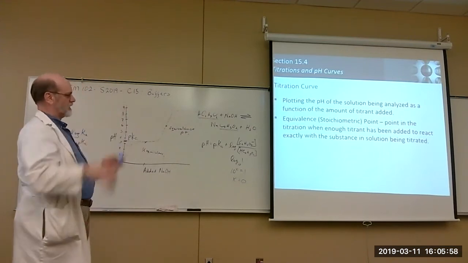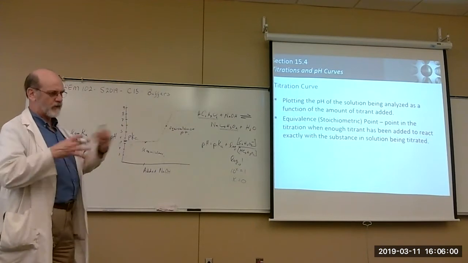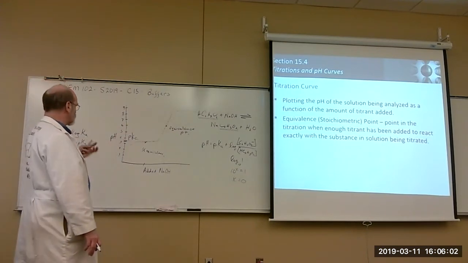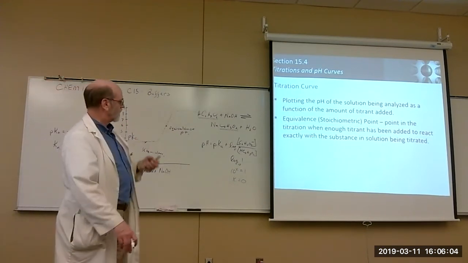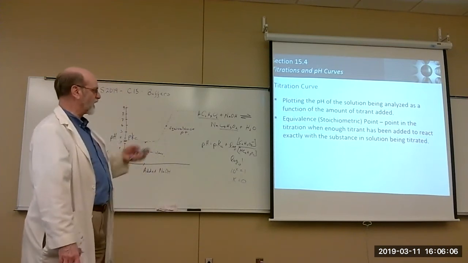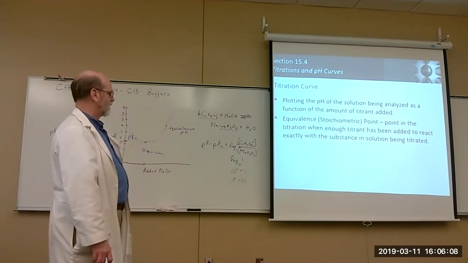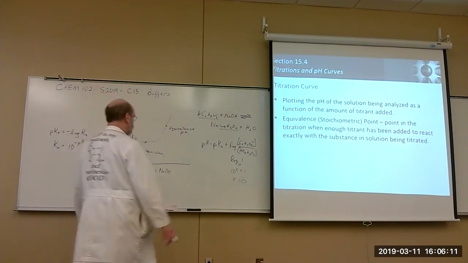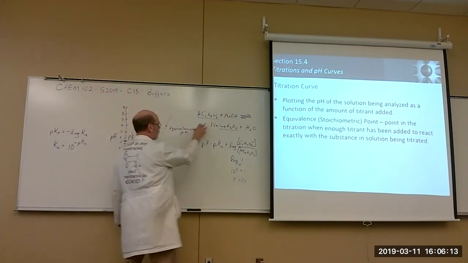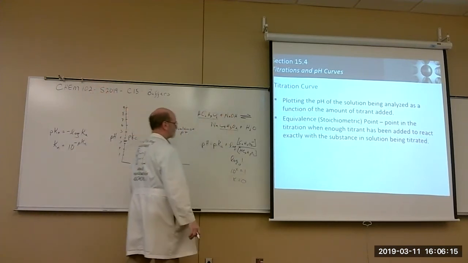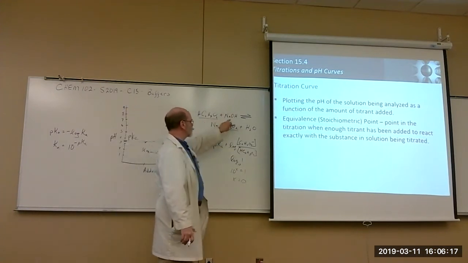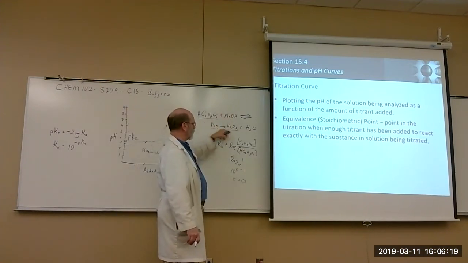Okay, so the slides coming up are going to just explain what I gave you here in block print. The stoichiometric point, the equivalence point, is where this is equal to that. So that means all of this is used up, all of that's used up, and you end up over here.